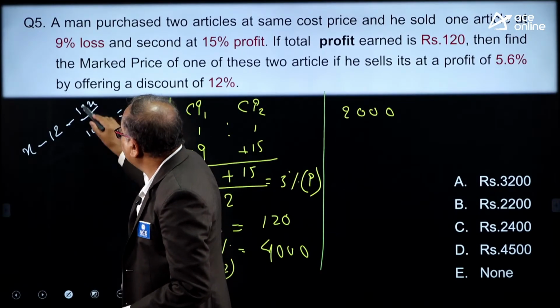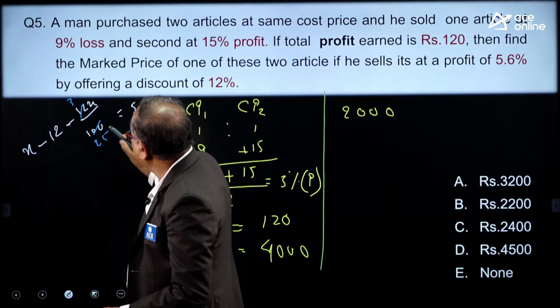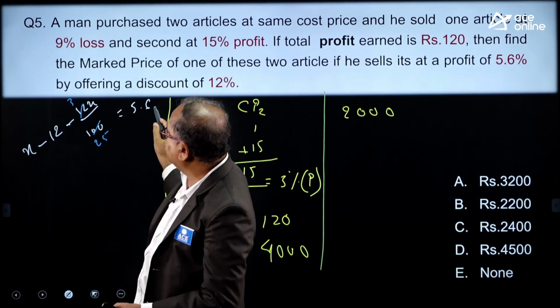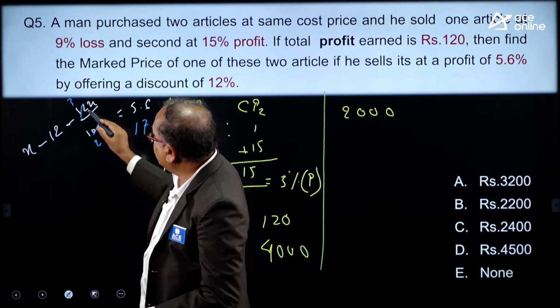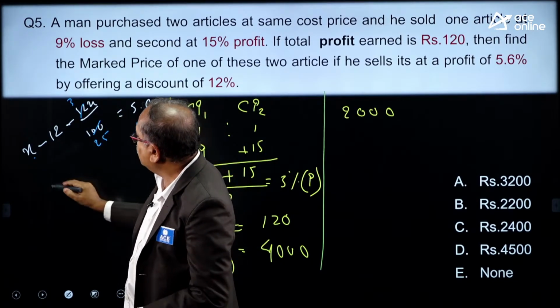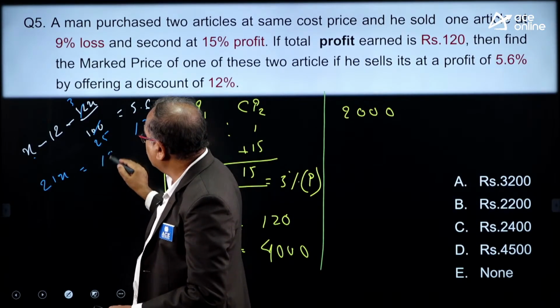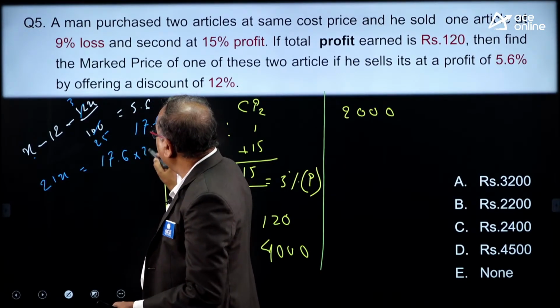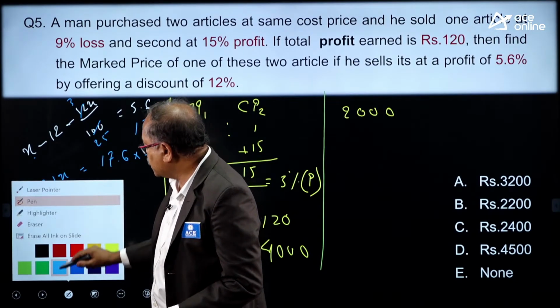Let us have a small cancellation. This is 3 times and this is 25 times. Minus 12 goes to the other side, so this is 17.6 here, and here it is 25x minus 3x, that comes to 21x, and 21x is equal to 17.6 into 25, and with 17 it gets cancelled.